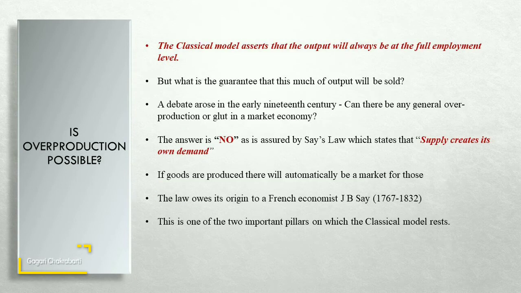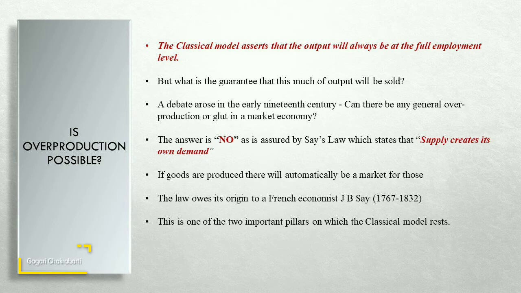The classical model asserts that the output will always be at the full employment level. But what is the guarantee that this much of output will actually be sold? So, for a given level of output produced and supplied, what is the guarantee that there will be enough aggregate demand so that the producers will be able to sell the entire amount of output that they will be producing?